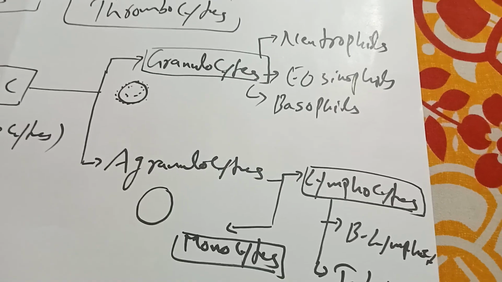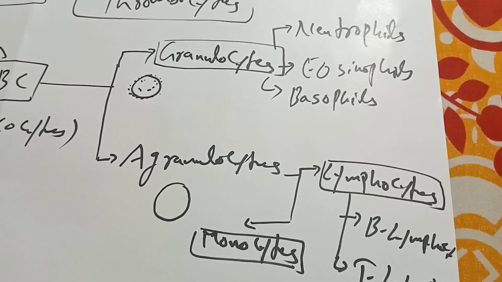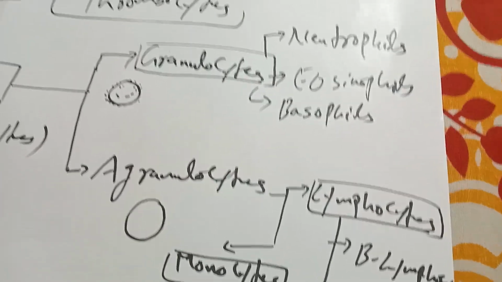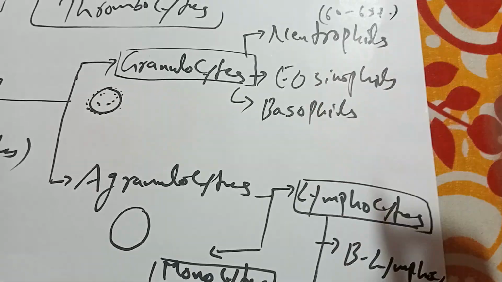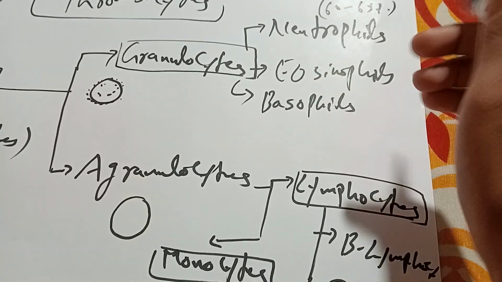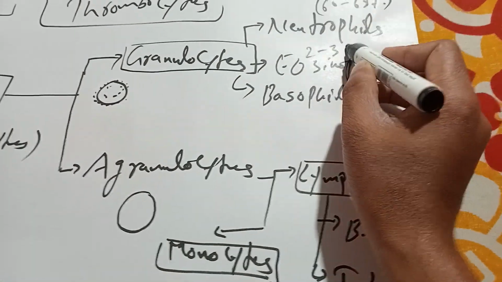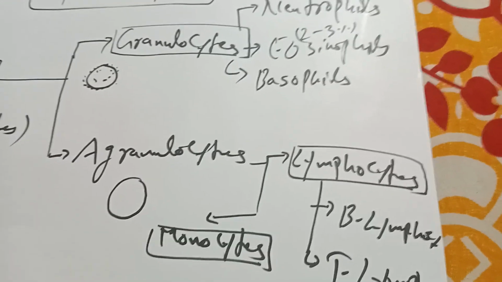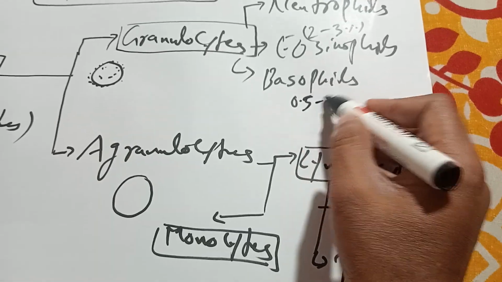First of all, I am discussing the percentage composition of types of WBC. How much percentage of neutrophils are in blood? 60 to 65% neutrophils are present. Eosinophils are present at 2 to 3%, and basophils are the least percentage present in WBC: 0.5 to 1%.